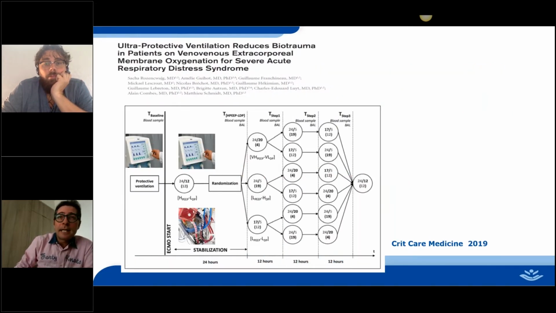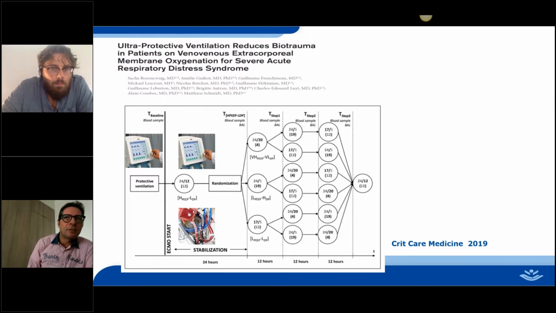Another nice paper coming out recently from the group of Alain Combes has been this one. They wanted to check the impact in terms of cytokines of the lung protective strategy before going on ECMO and the ultra protective strategy that you can see in this part here after going on ECMO.